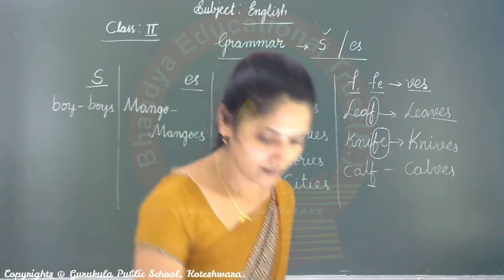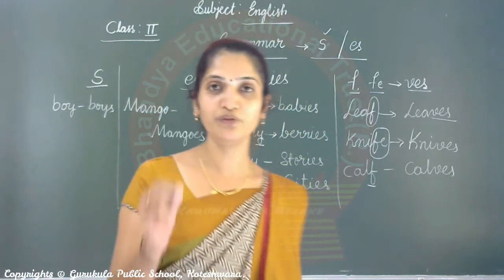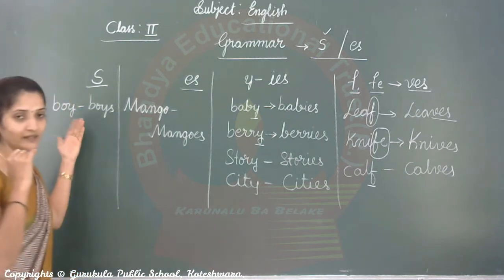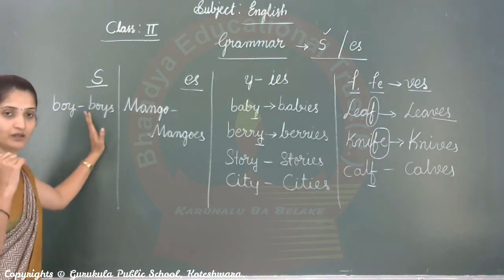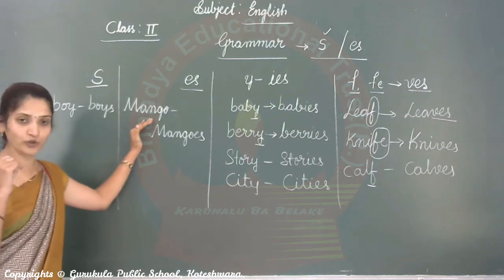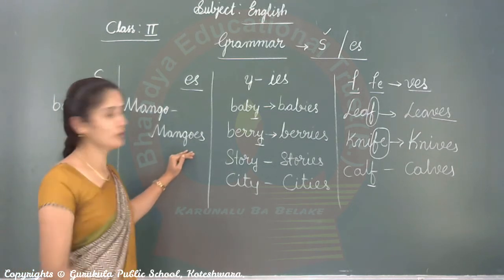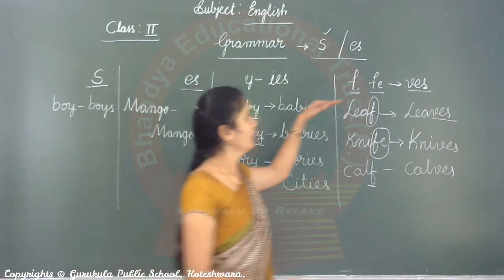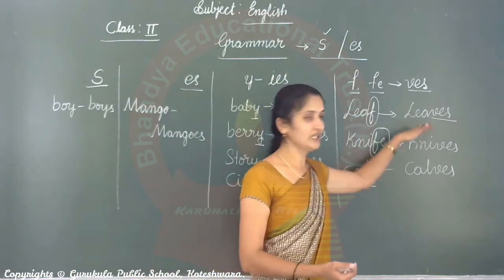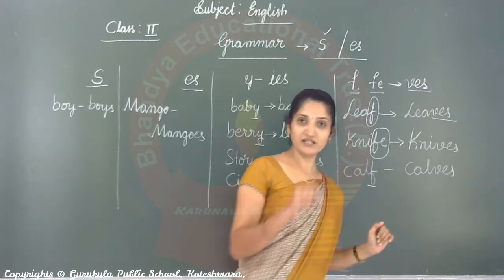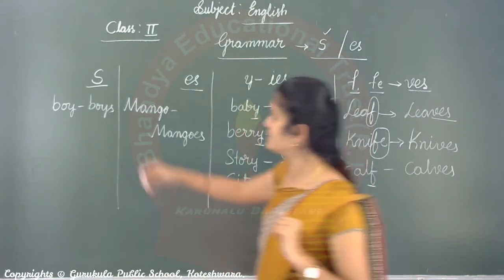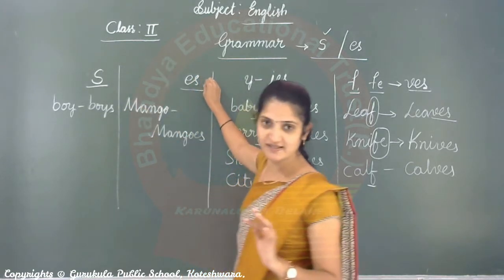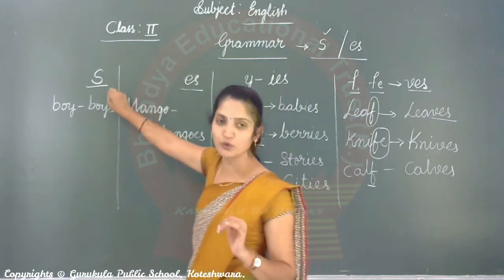Okay, children? These are all the plural forms. Just we will add one to another. Means if one is there, more than one boys. One mango is there, more than one mangoes. One baby is there, more than one babies. One leaf is there, more than one leaves. Right? But here just first we will add just S. Then ES. This is also a plural form.